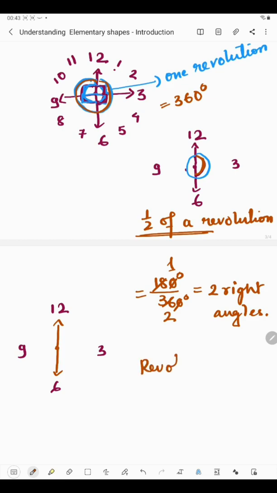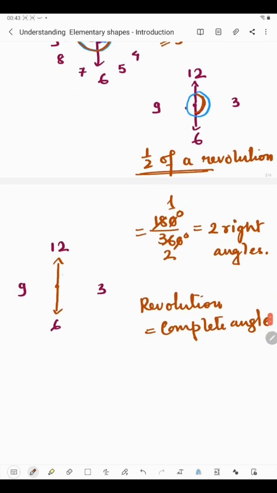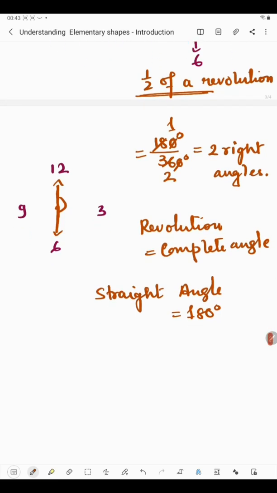Revolution means a complete angle, 360 degrees. Now see, one straight line forms a straight angle. So a straight angle means 180 degrees, isn't it? So what part of the revolution is it?